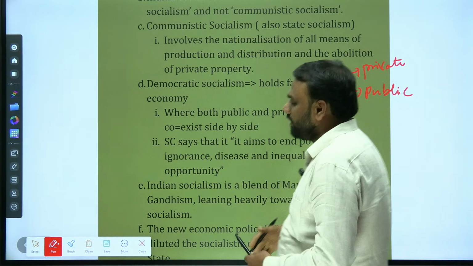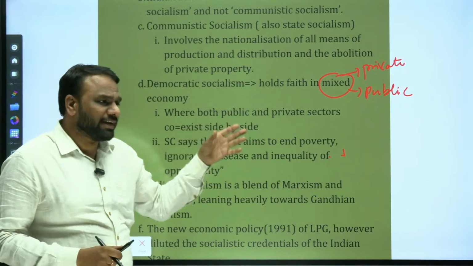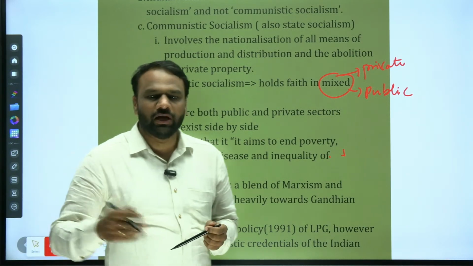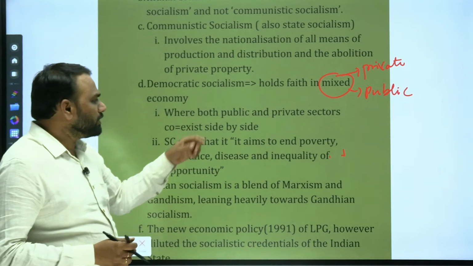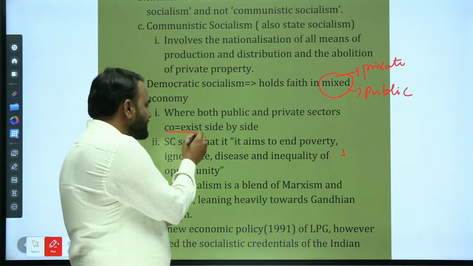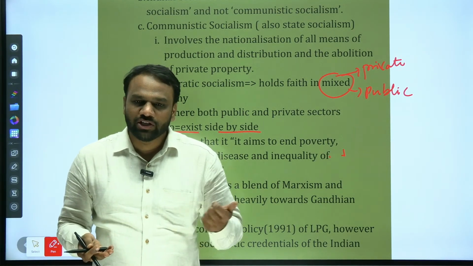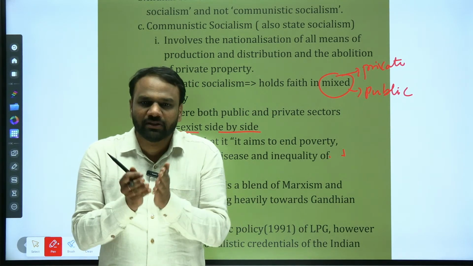It means in a country, we can have both private companies as well as public companies. For example, a pen can be manufactured by both a private company as well as a government company, where both public and private sectors coexist side by side. India is the best example. We have Jio, which is privately owned, and BSNL, which is government owned. Both of them coexist.